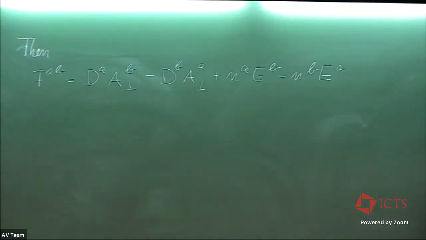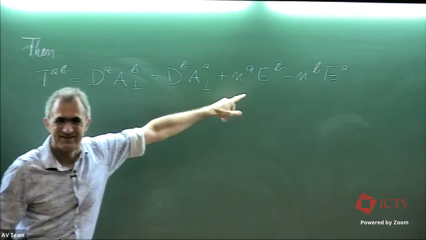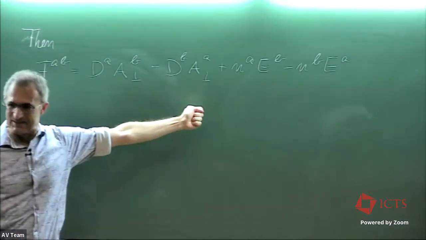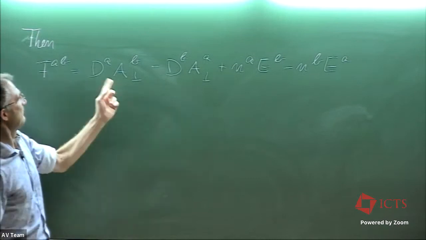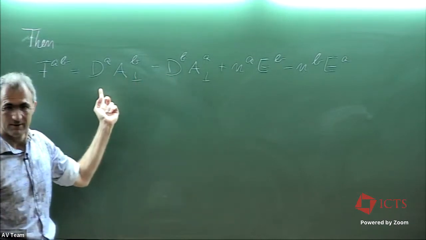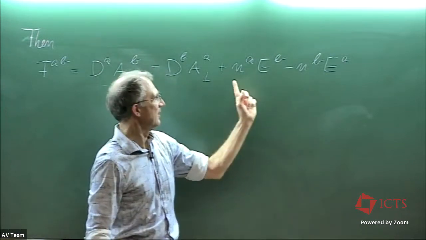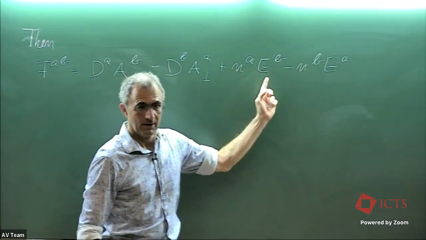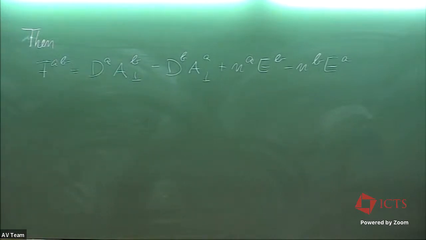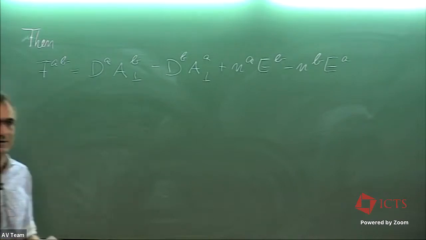And now we see that this is a nice way of decomposing the Faraday tensor. We have a spatial part, and we have a part that is normal spatial, a normal vector and a spatial vector. We saw that the completely normal projection vanishes. Sounds good?